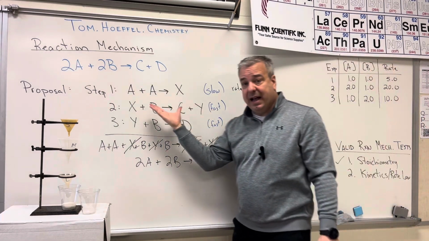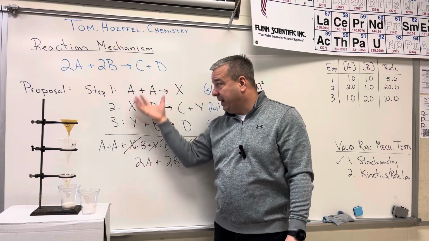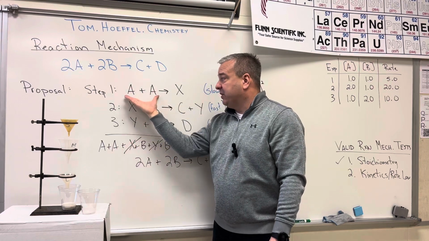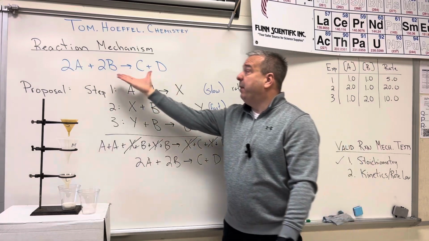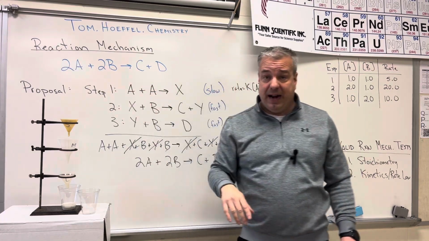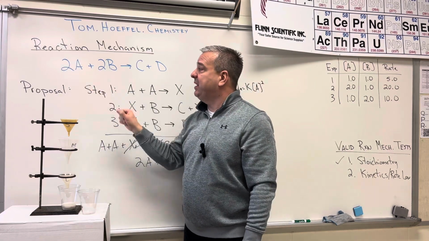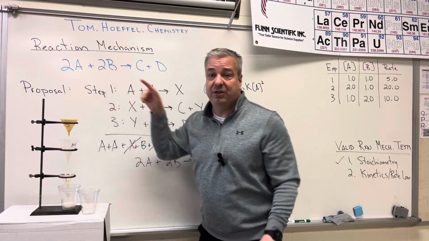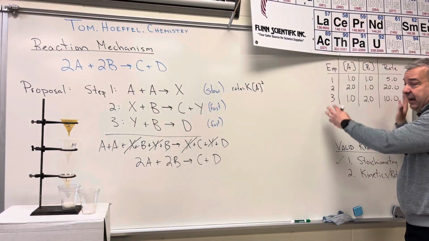That's not true for the elementary steps that make up the reaction mechanism, okay? For elementary steps, it's simply just the reactants. But for overall chemical reactions, you're not allowed to say, oh, it's rate order of 2 because of the 2. You're not allowed to do that. You actually have to look at experimental data, okay?